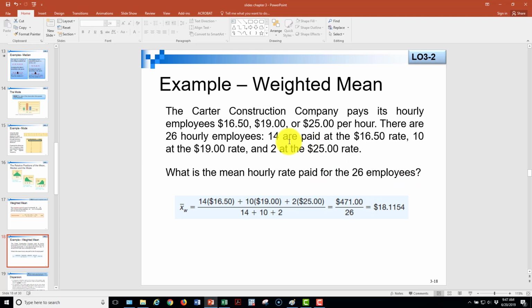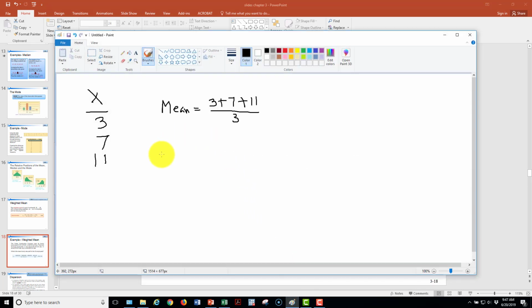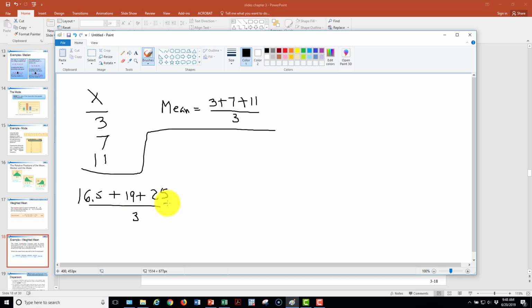So notice that if you calculate the average, normally you will add 16.50, 19, and 25, and you divide that by 3. You can do that here. This is my old example from the previous section, which I'm going to use in a moment. 16.50 plus 19 plus 25 divided by 3, that is the way the average is calculated normally.